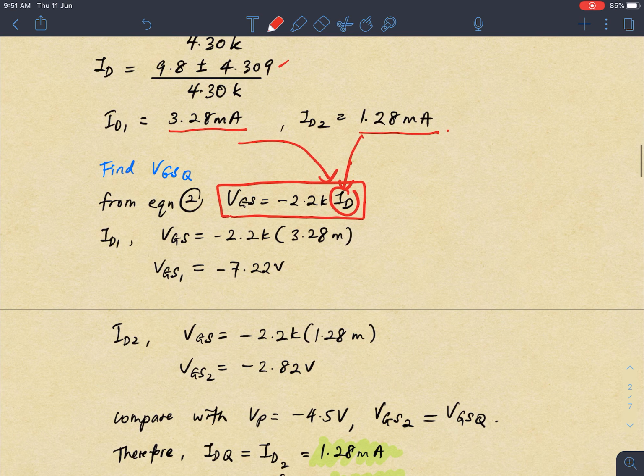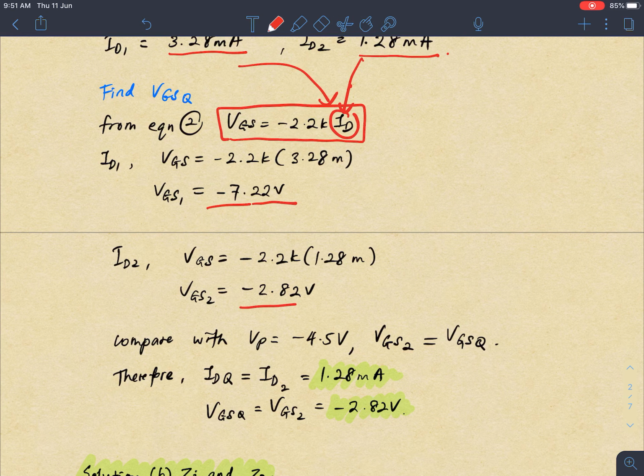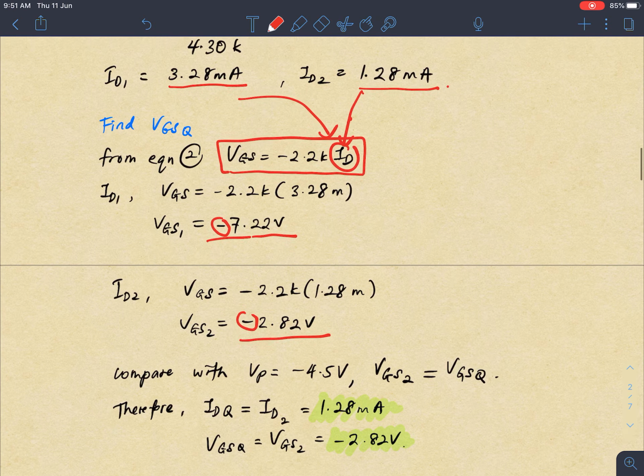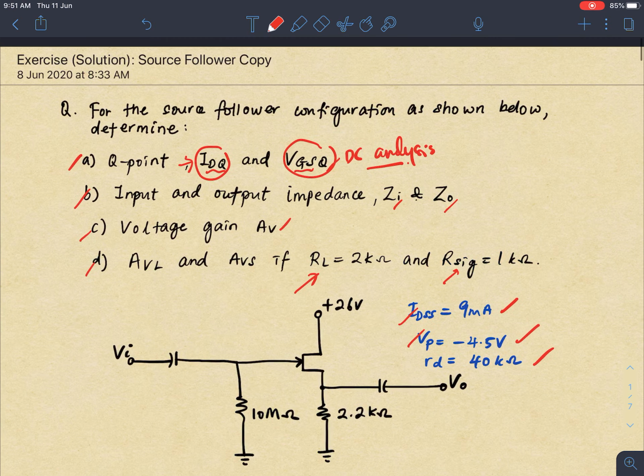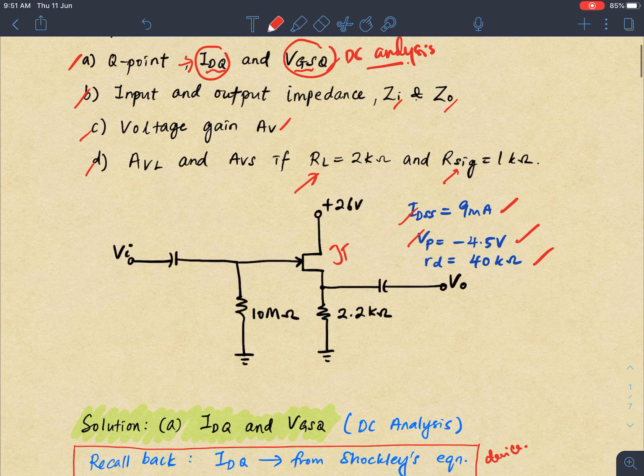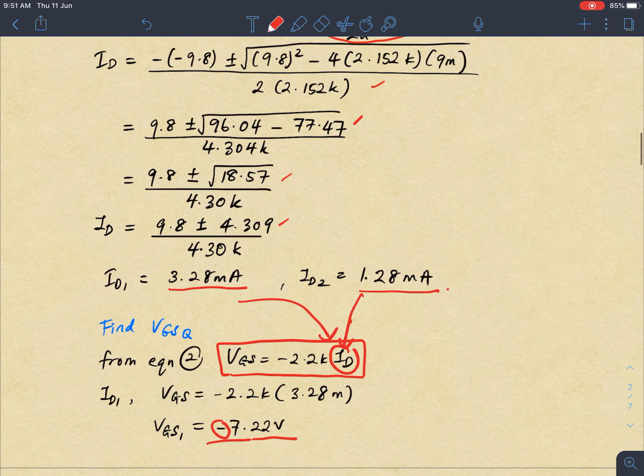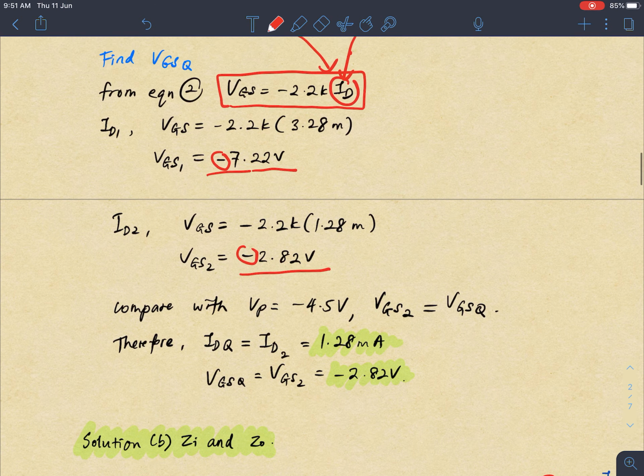So I get VGS1 is negative 0.22 volt, and another one is negative 2.82 volt. Remember that here it must be negative. Why? Because we are using a FET, so VGS we get is a negative value.